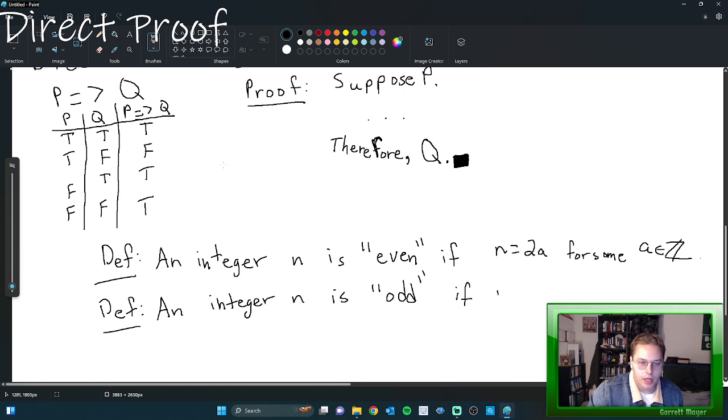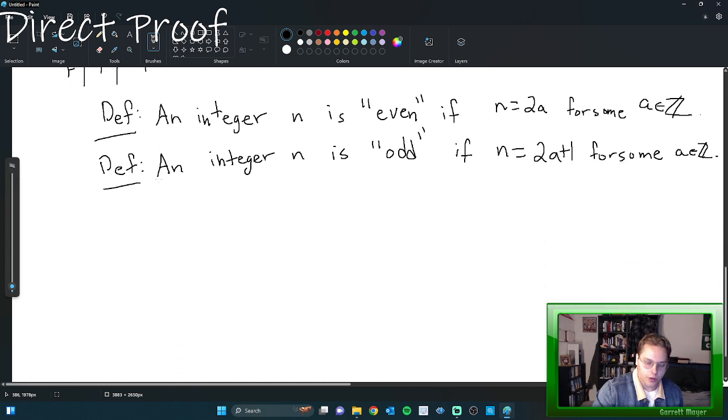This is equivalent to that. This is just a more formal way to write it that's more helpful in proofs. So these are definitions of even and odd, and with this, let's go into our first example.